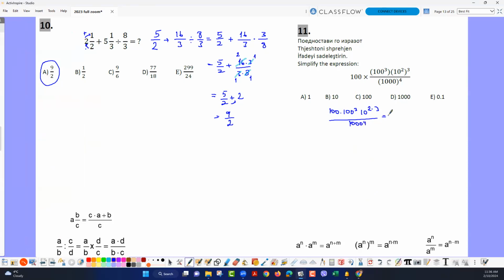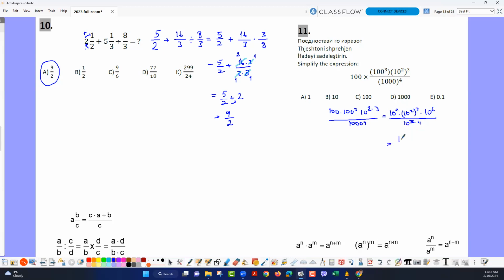I'm going to write everything in powers of 10: 10 to the power of 2 times 10 to the power of 2 to the power of 3 times 10 to the power of 2 times 3, 6, divided by 10 to the power of 3 times 4.